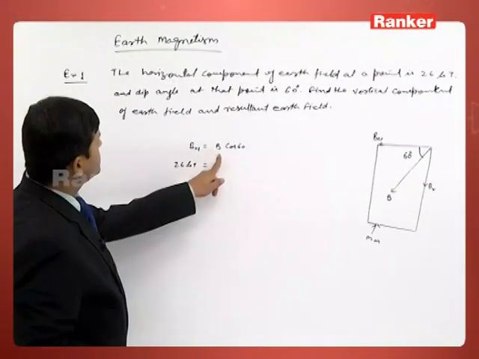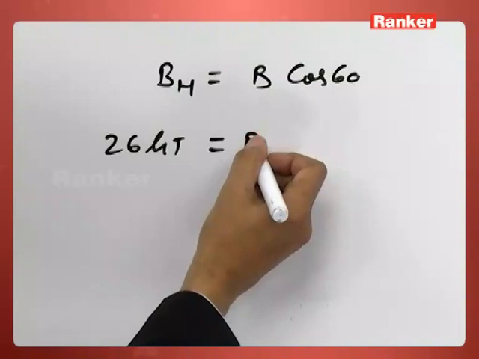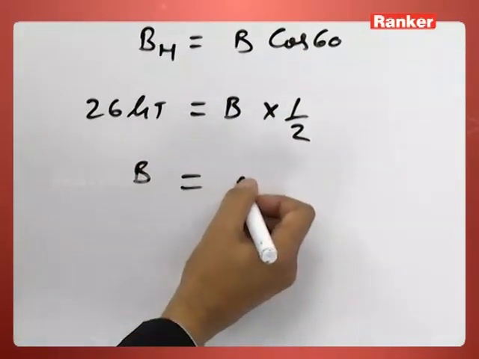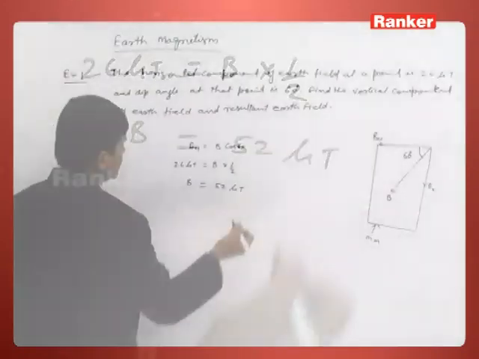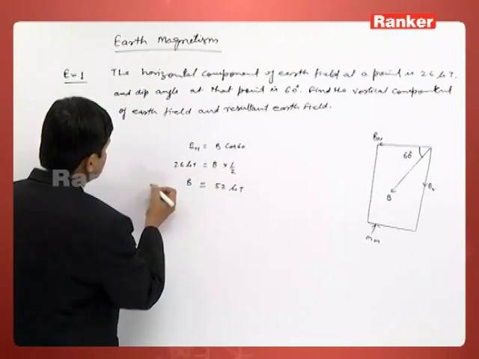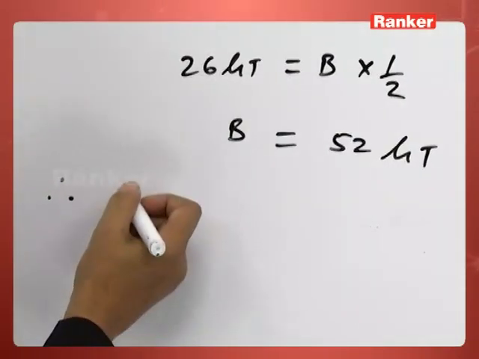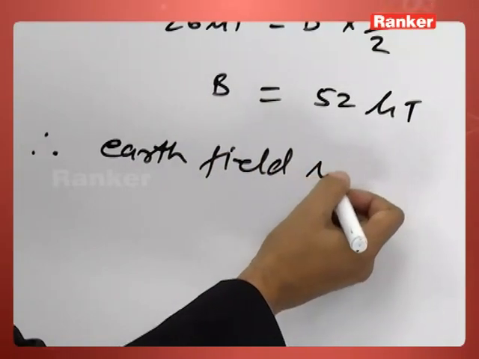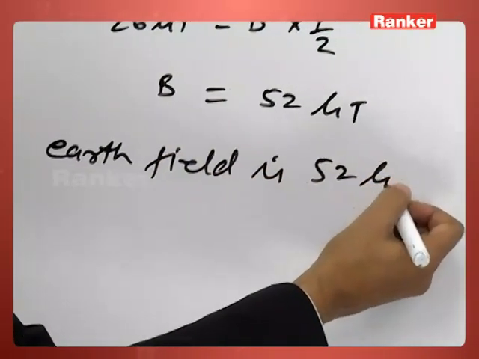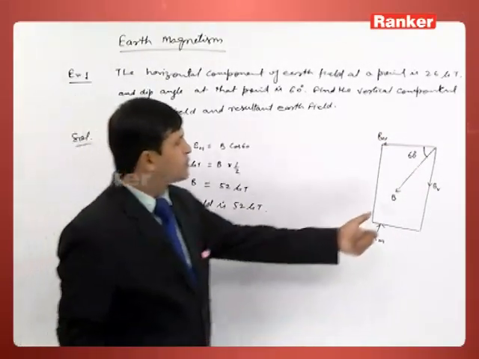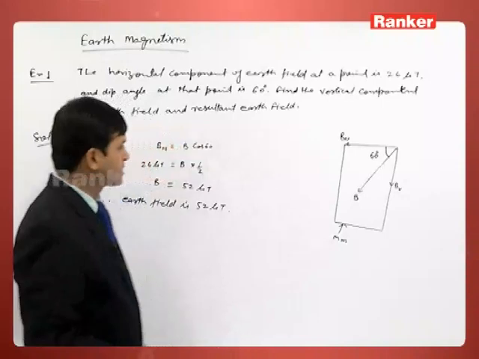B value we have to find, and cos 60 is 1 by 2, so B is 52 microtesla. So we can say the earth field is 52 microtesla.